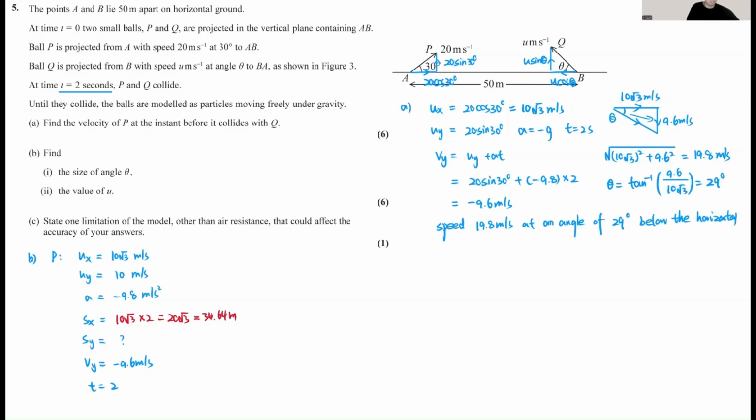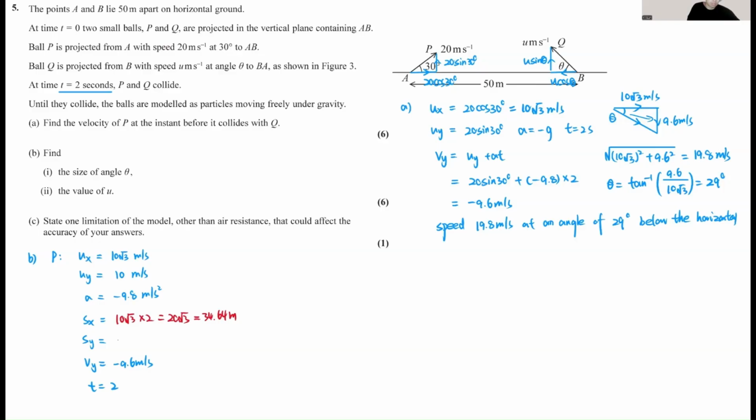meters. And then for the vertical displacement, because we know U, V, A and T, you can use any formula. S equal to UT plus half AT squared, or V squared equal to U squared plus 2AS, both work. I will just use S equal to UT plus half AT squared.